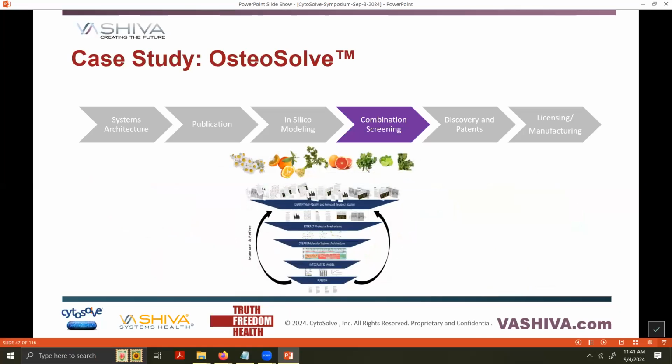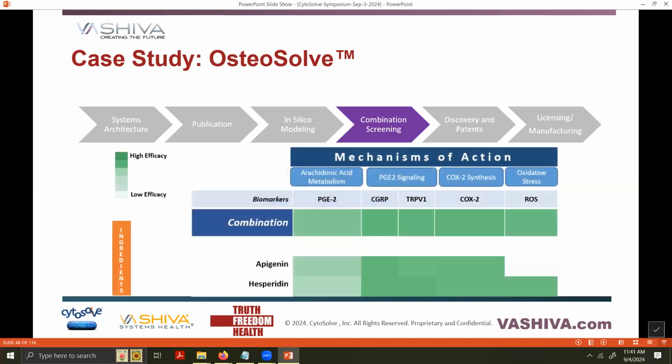That led us to find a set of compounds that we identified, and then we tested, and we found very profound effects of this combination at the right dosages to affect many molecular pathways involved in pain and inflammation: the arachidonic acid pathway, PGE2 signaling, COX-2 synthesis, and oxidative stress. So we actually know what's going on. It's not like buy this because it works, right? This is a very different level of standard of evidence-based science than every other guy out there.